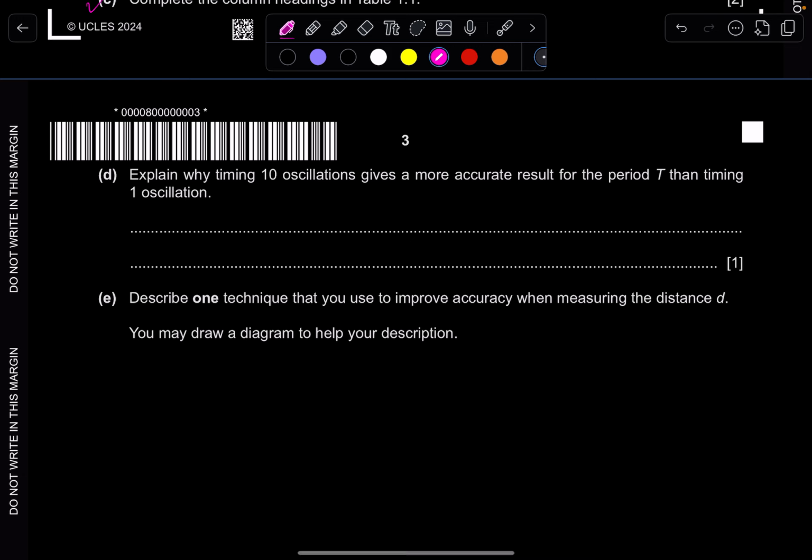So what we will write: human reaction time error will be less significant, or you can write it will be reduced, when you use more oscillations, right?